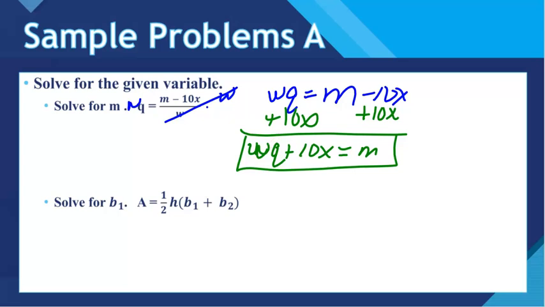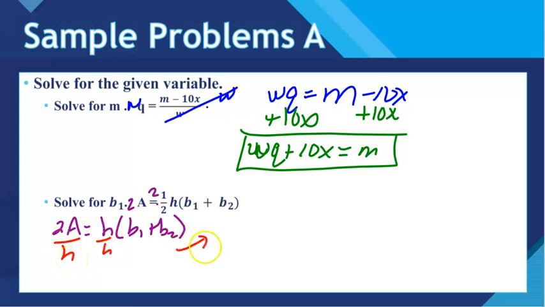And then our last one here, we need to solve for b subscript 1. So this one, I'm going to multiply by 2 first on both sides. So now I have 2a equals h times b subscript 1 plus b subscript 2. Next, I'm going to divide by h on both sides.